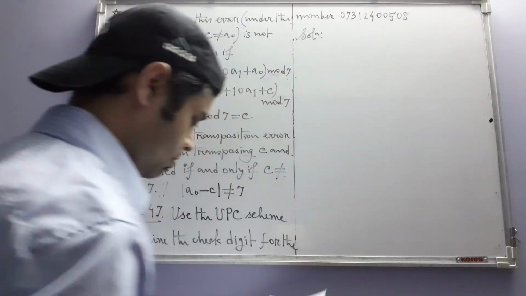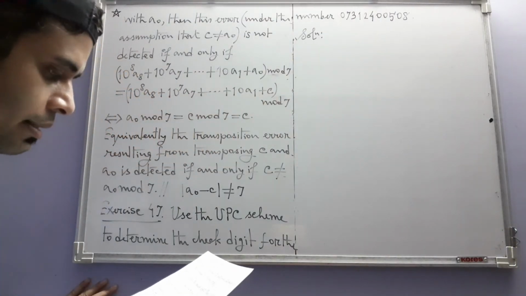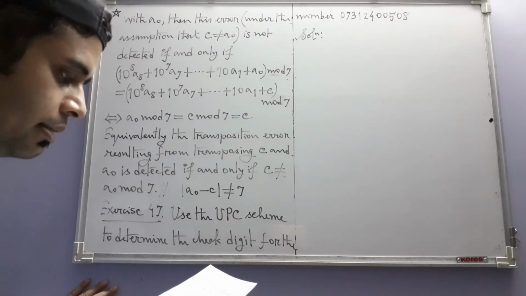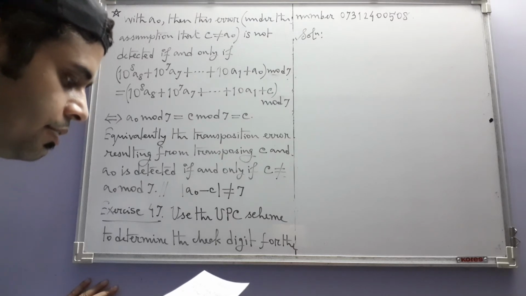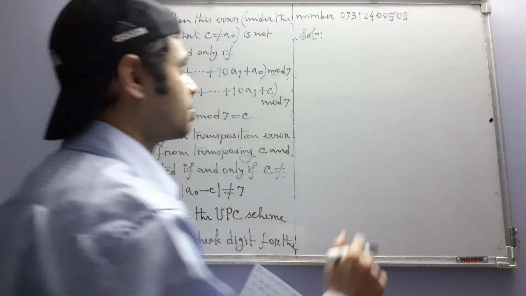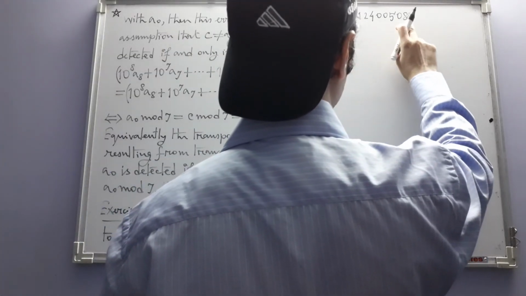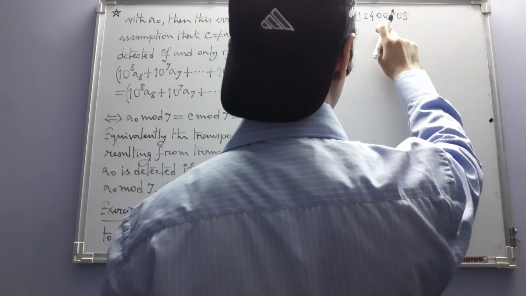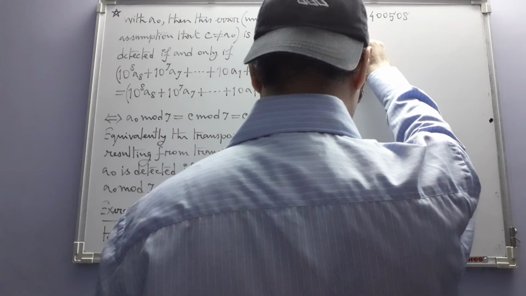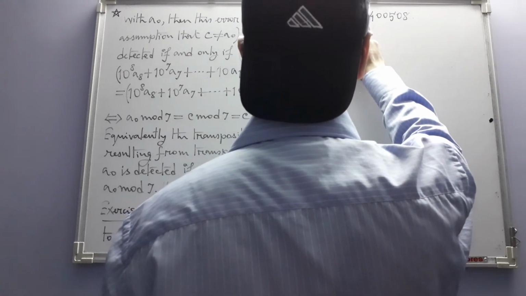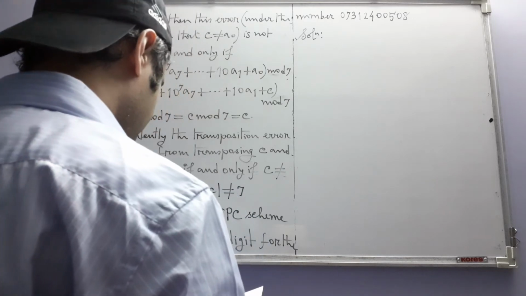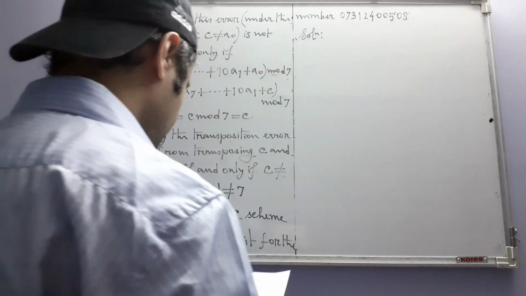Oh no, I think what I said is wrong. No, that is not the check digit. The check digit will now be found. Let me just see. 1, 2, 3, 4, 8, 9, 10, 11. Okay.